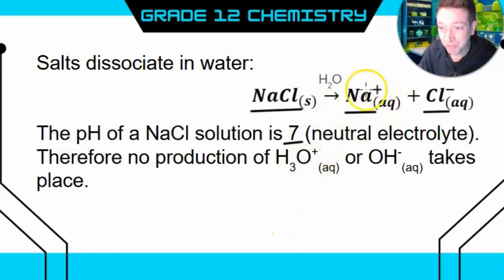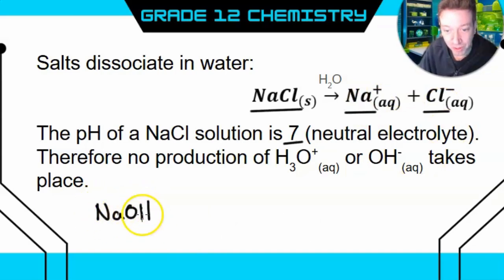Sodium we consider a spectator ion. It does not participate in the acid-base reaction. It's an extremely weak conjugate acid of a strong base and does not react with water. What do I mean by that? Sodium hydroxide is a strong base, and when it dissociates, it produces a conjugate acid.